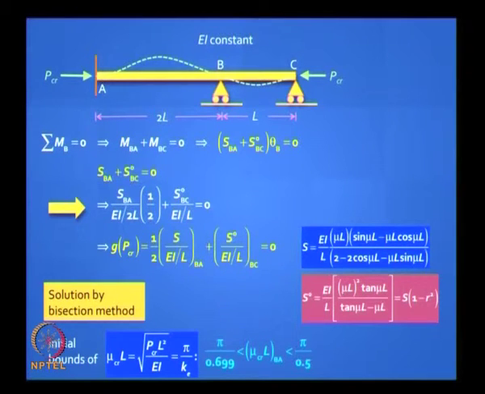So my initial bounds, as you rightly said, are from mu L, which is the square root of P critical L squared by EI, which I can write as pi by K E, because P critical can be written in that fashion. What is the Euler buckling load? Pi squared EI by L squared. If you plug that in, it will look like that.